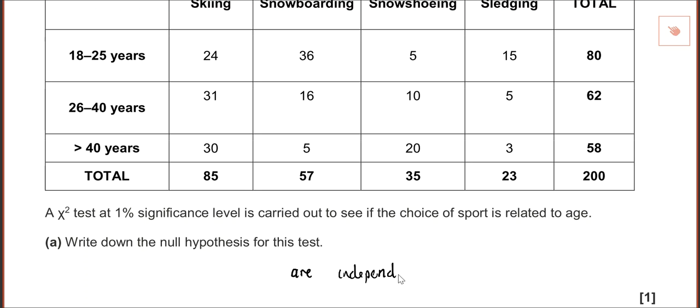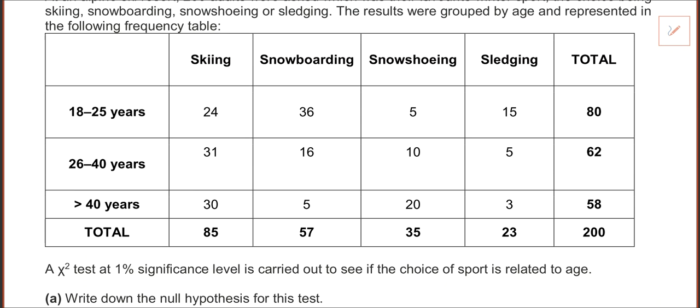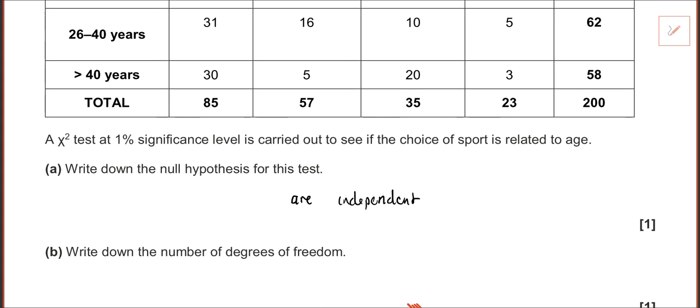So in this case, it would be choice of sport and age are independent. Yeah? However you choose to write that, choice of sport or activity or whatever, and age group, or whatever you chose, but the important thing is to say are independent. Okay.